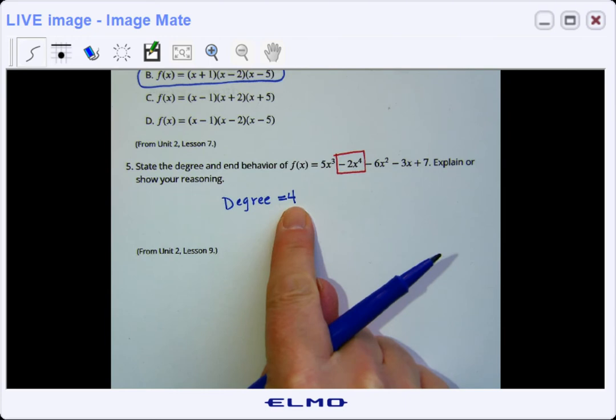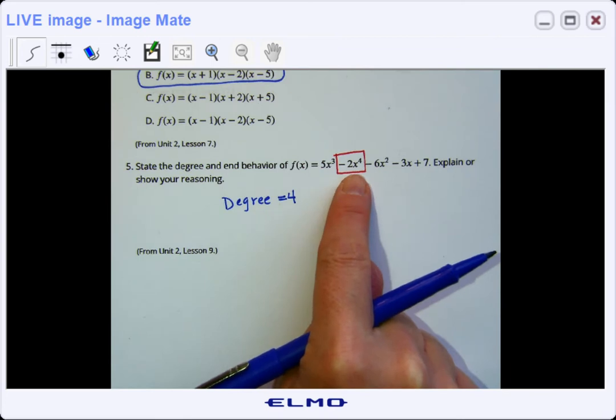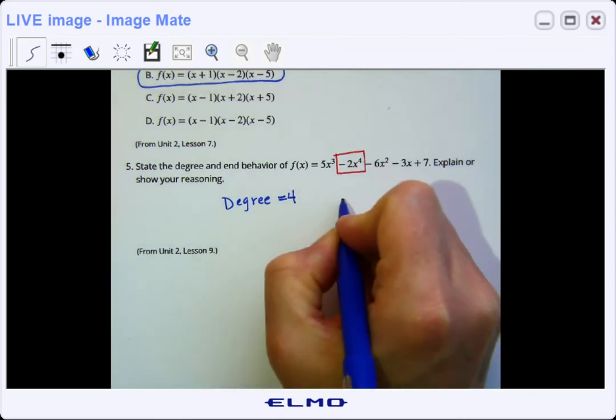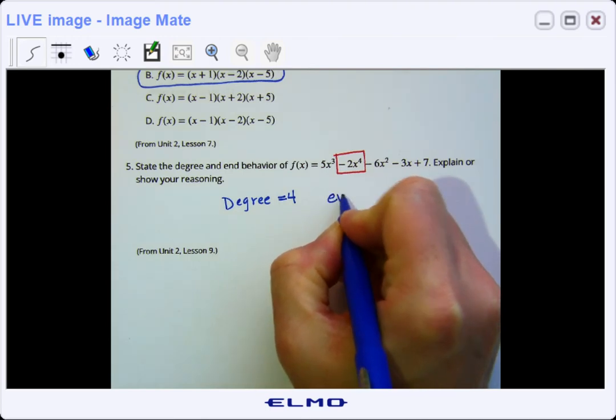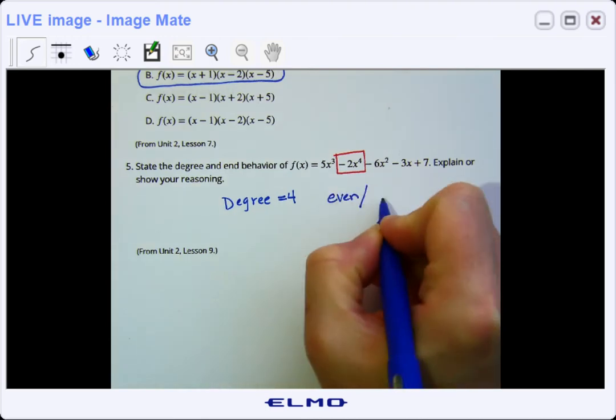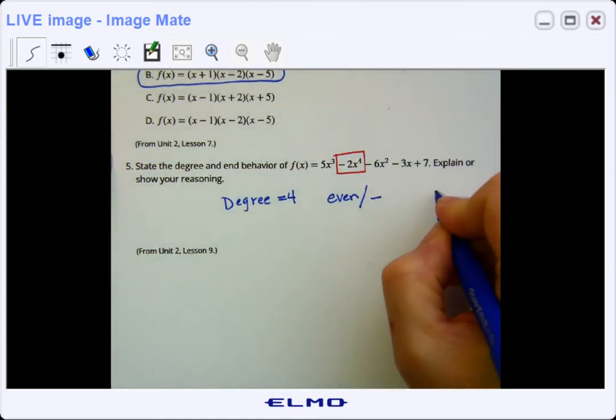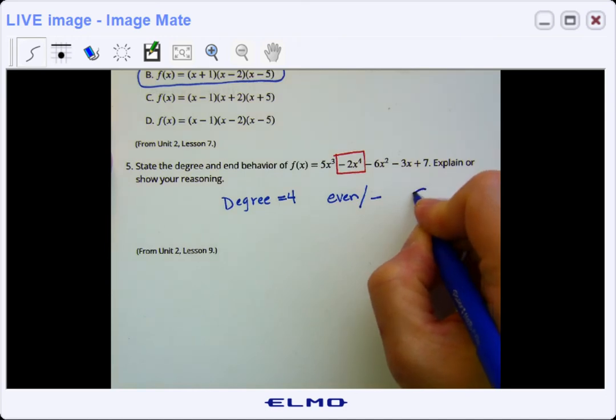Now, since 4 is an even number, I would say this is an even polynomial, and the leading term is negative. While I might use that combination to determine the end behavior, that is not how I state end behavior. I also can think about what the function looks like on the ends.